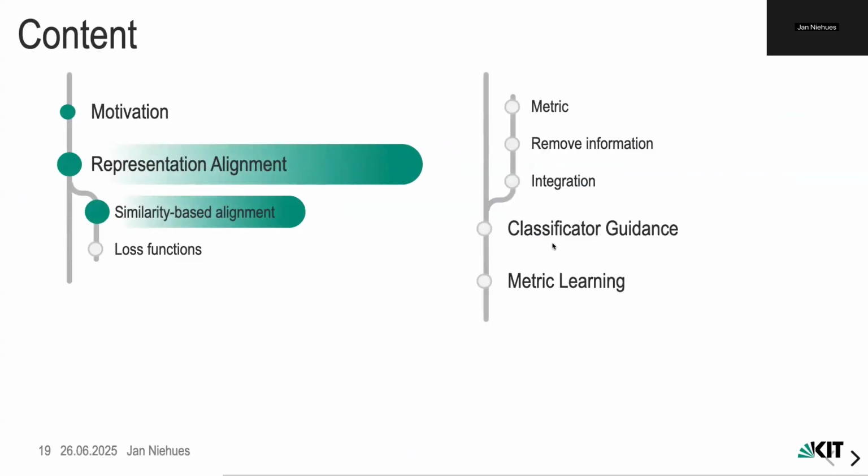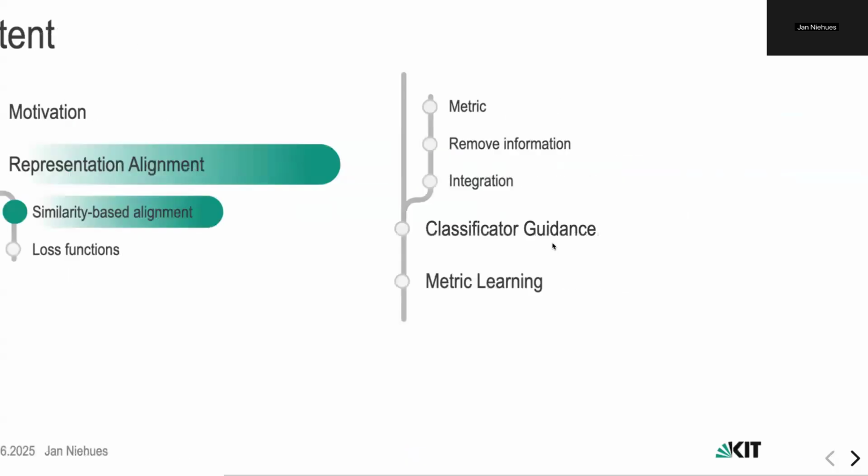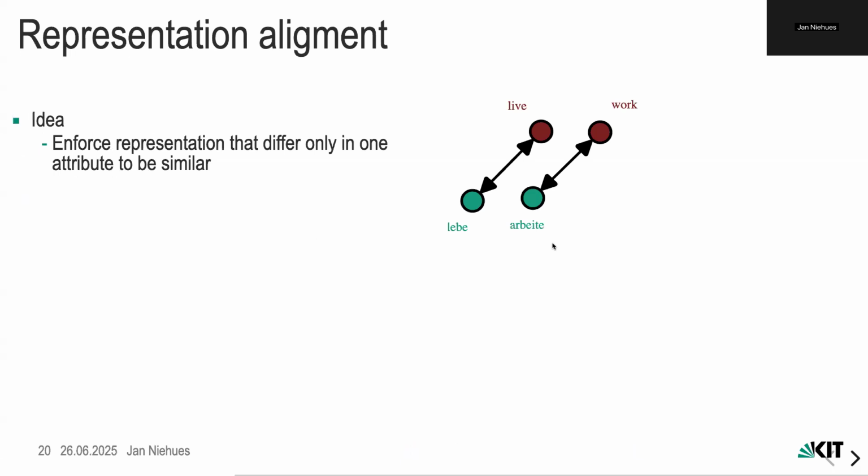So first, have a look at how we can do the similarity-based alignment. The idea is, if we look again at our hidden space, what we have done is put our input into the hidden state, and this is a 2D visualization of the hidden space.